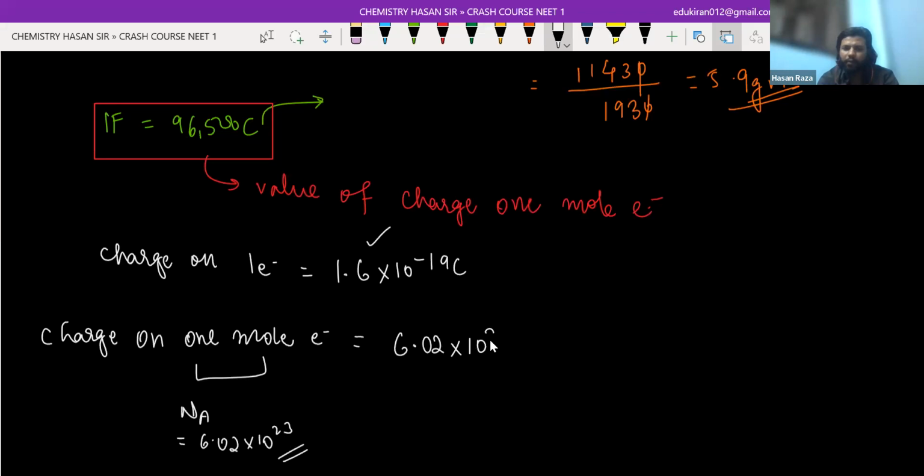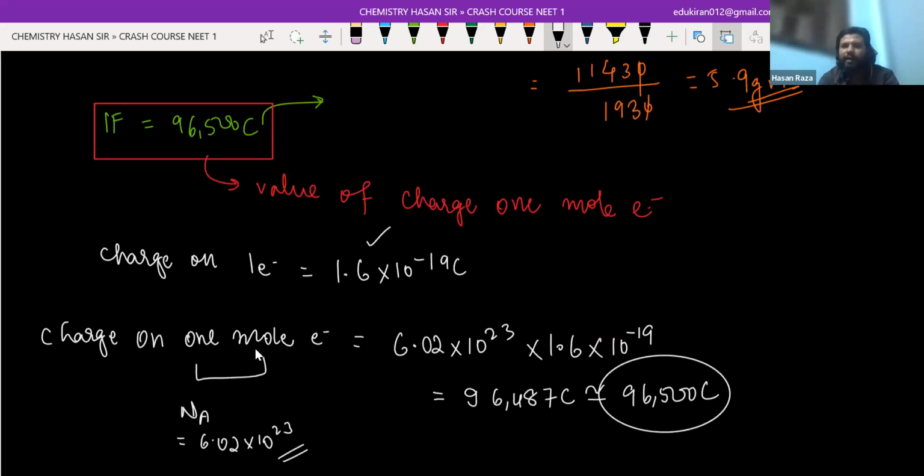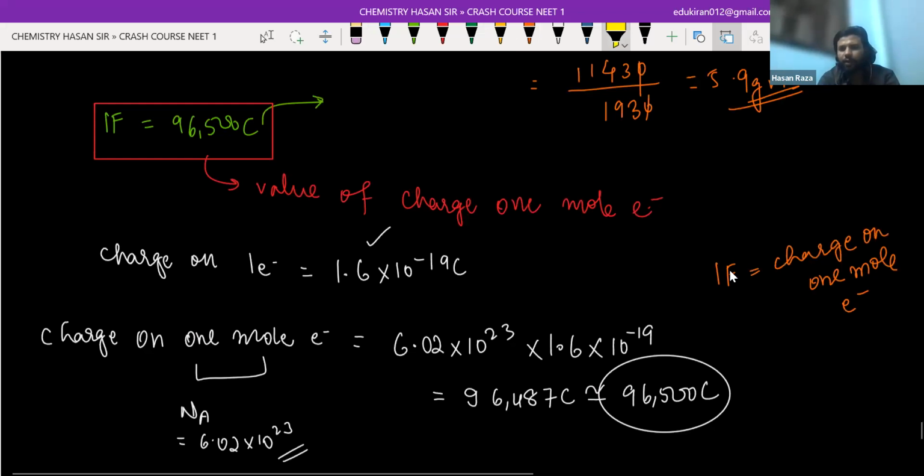If you multiply it, you will approximately get 96,487 coulomb, and in numericals we use 96,500 coulomb. So basically this 1 Faraday is equal to the charge on 1 mole of electrons.